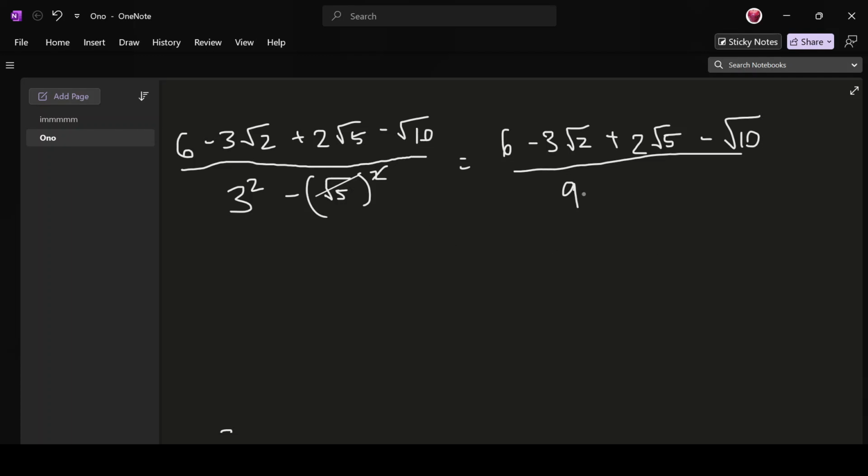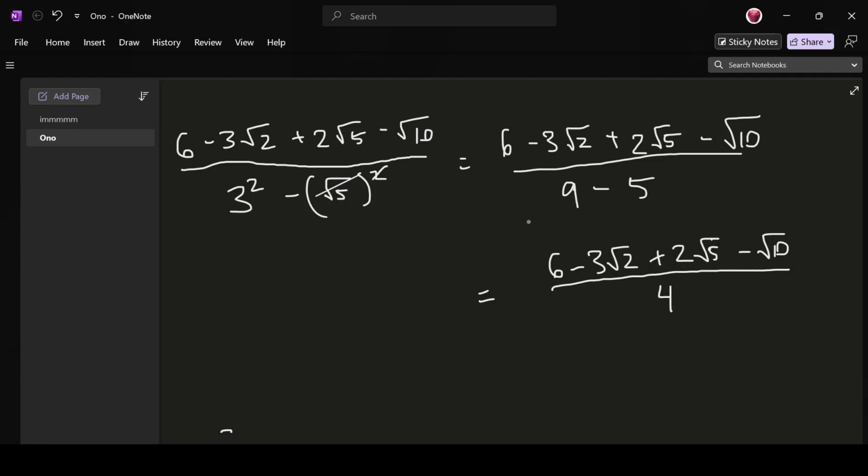So it's 9 minus 5. Our answer is 6 minus 3 root 2 plus 2 root 5 minus root 10, because we can't simplify the top number, over 9 minus 5, 4. And we're done.